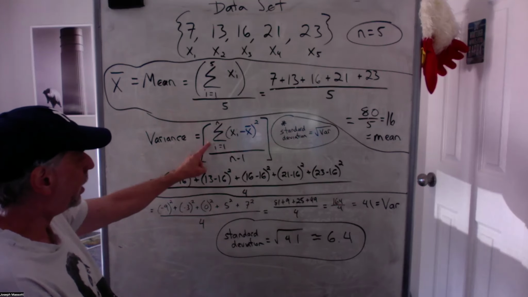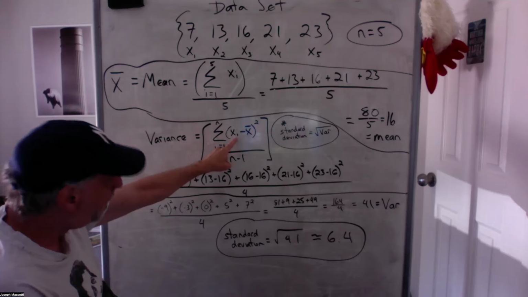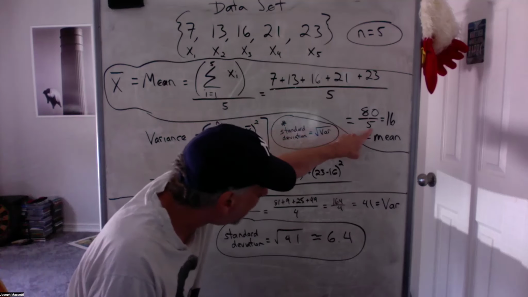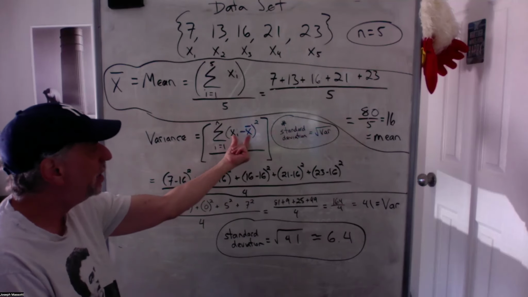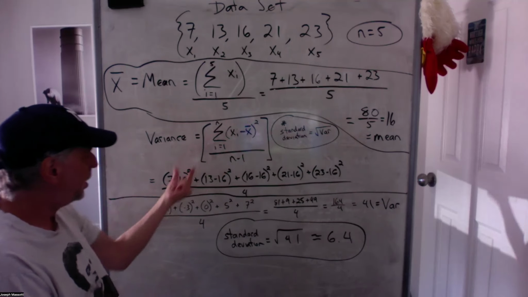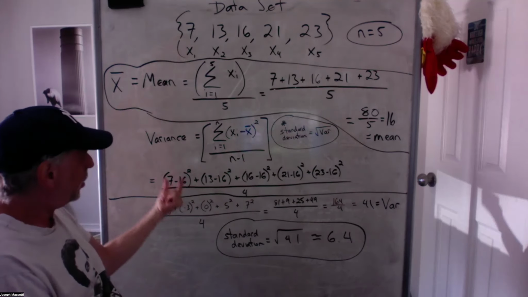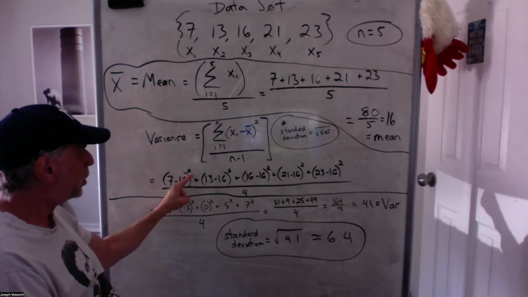So this is the formula. Here we take the sum of the difference between each value and the mean that we just found. So we take the difference between the first value and the mean, square it. That's what this is. First value is 7. We take the difference between the first value and the mean, and we square it.